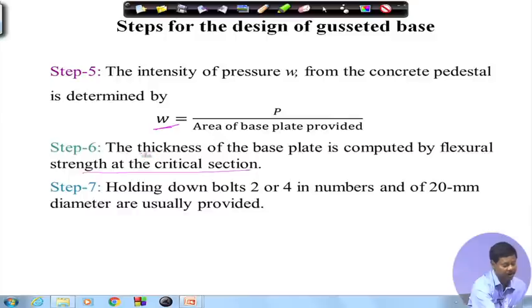If we find the maximum moment at the critical section, then if we equate it with the design bending strength of that section, then we can find out the thickness, right. And then a nominal number of bolts will be provided, with 20 mm diameter to hold the members, right. So, these are the steps which can be followed to design a gusset base, right.